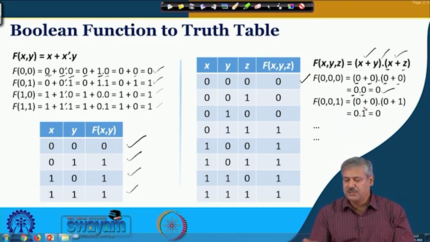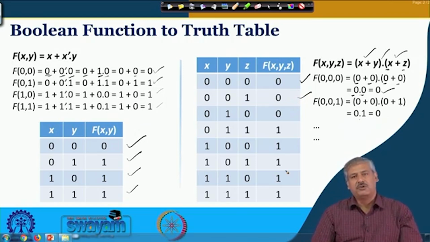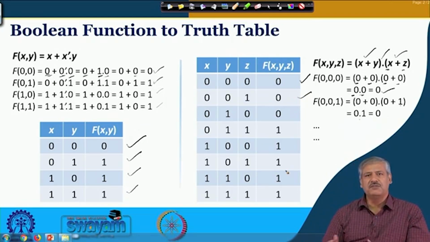Then 0 0 1 is another possibility. Again we substitute and we get 0 from 0 plus 0, x plus y, and we get 1 from 0 plus 1, x plus z, and 0 ANDed with 1 is 0. So this is the second row, and that way we get all the different rows and complete the truth table. This is a very simple approach.